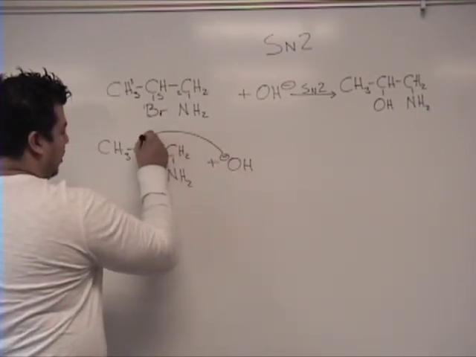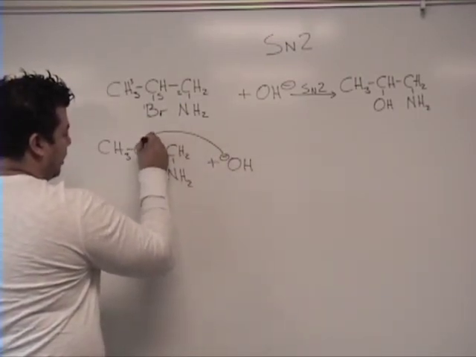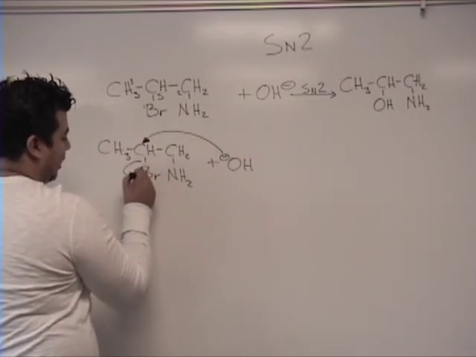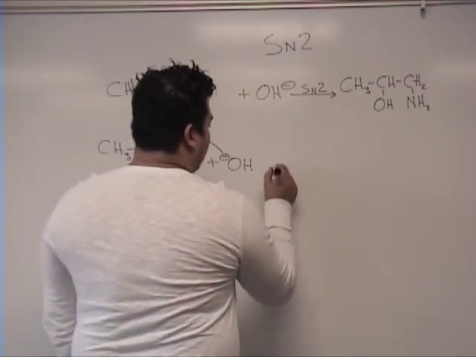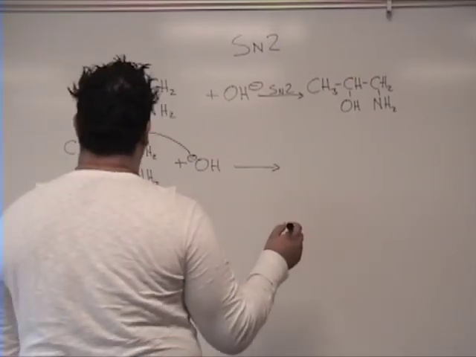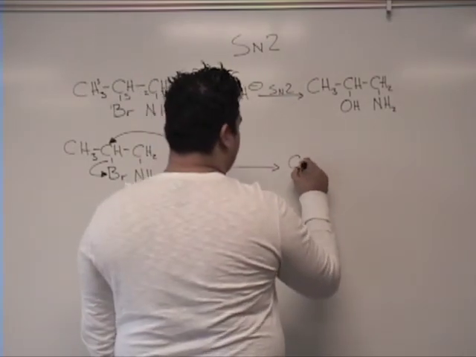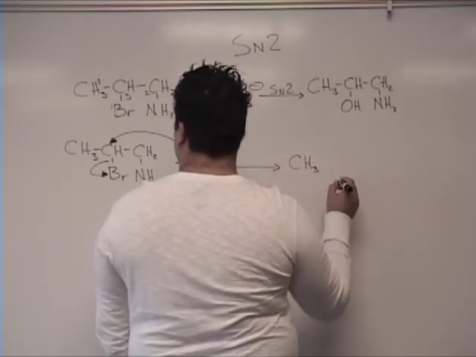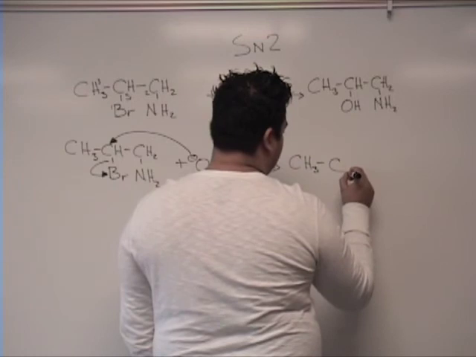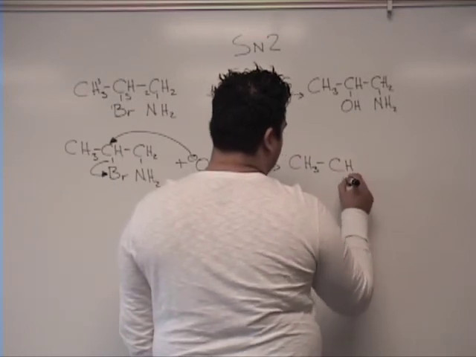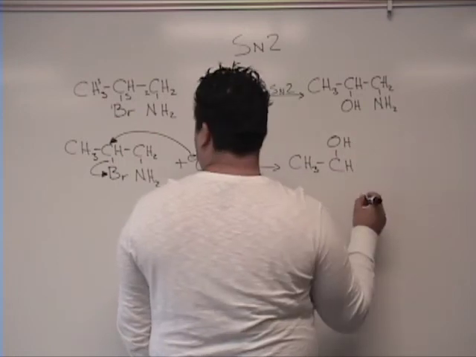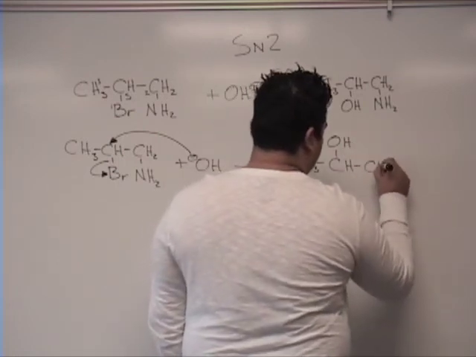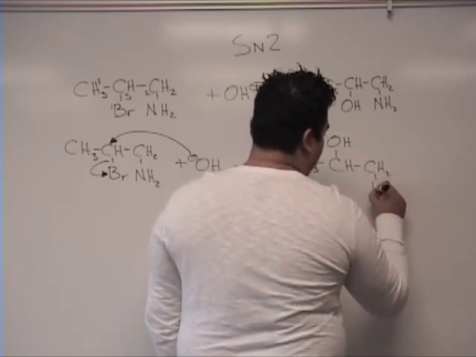So we attack that. And in a concerted step, while that attacks that, the leaving group leaves with the electrons. So what we get is this. CH3, C, H, the OH up here, and then our other group, CH2 and NH2.